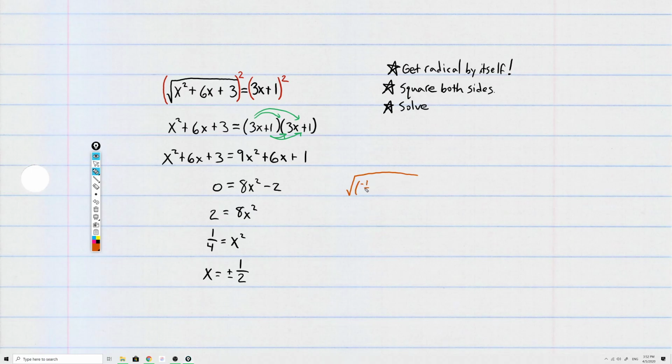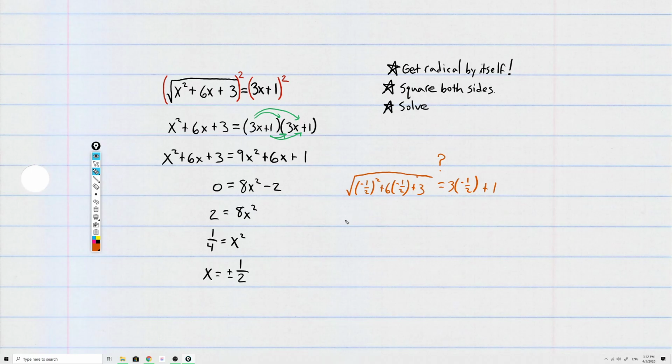So we have negative 1/2 squared plus 6 times negative 1/2 plus 3 equals 3 times negative 1/2 plus 1. So you have to ask yourself, is this a true sentence?